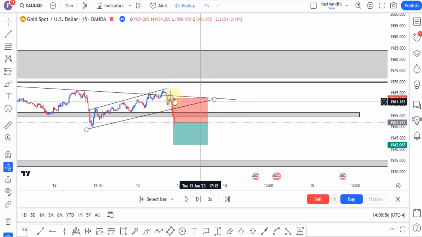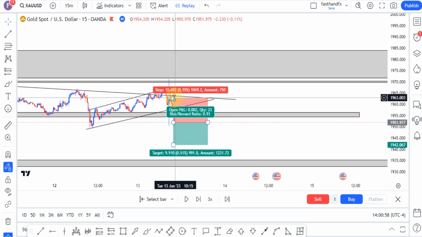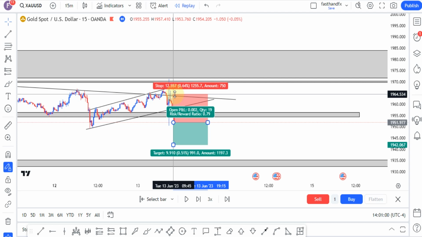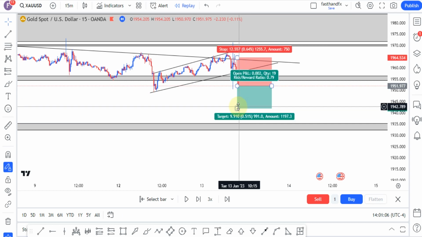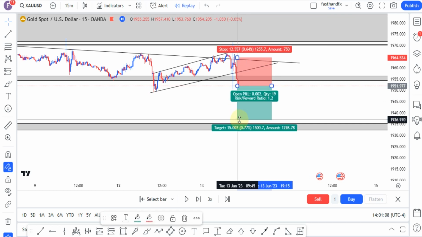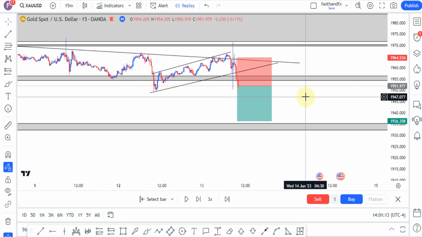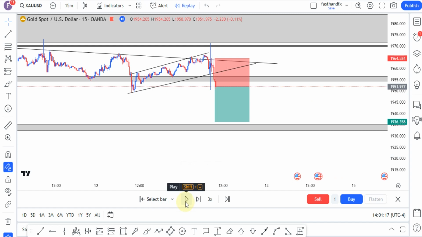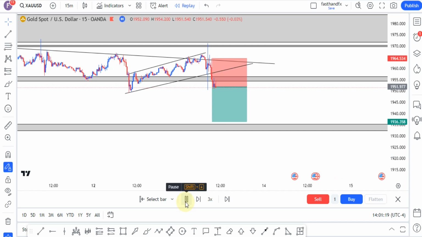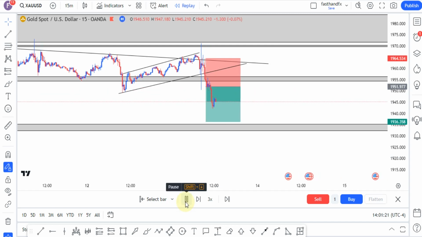Then the stop loss should be just right above this area. That's like 134 pips. Then what's the target? Target is around 150 pips. So let's see if the market does respect this entry.